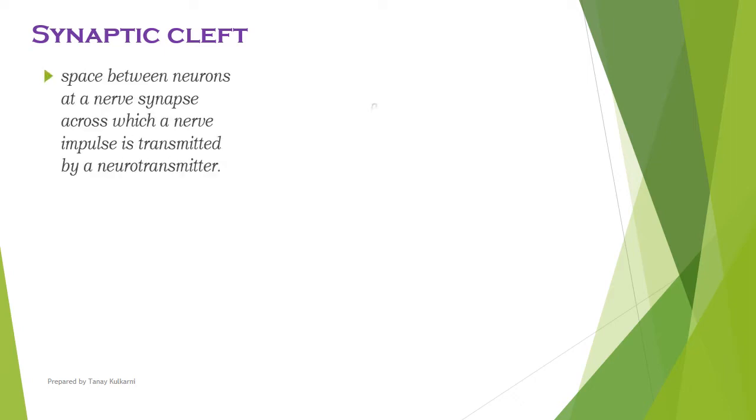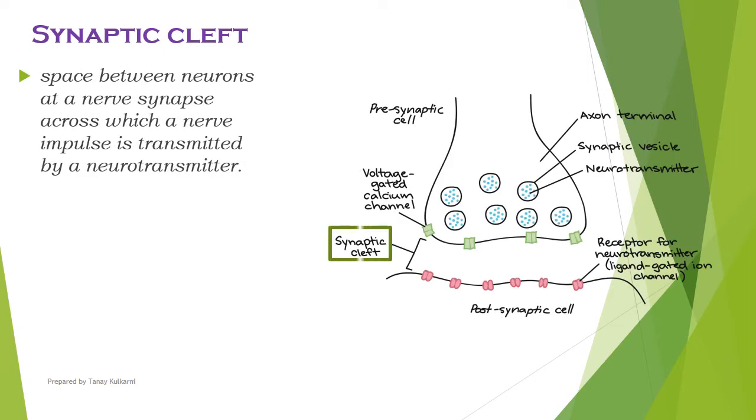Now we will discuss two important concepts. Number one is synaptic cleft. What is the synaptic cleft? It is the space present between the neurons at a nerve synapse across which the nerve impulse is transmitted by neurotransmitter. Look at this diagram. Can you see the end of the neuron coming from upside, and it is a dendron of another neuron which is going to the downward side.